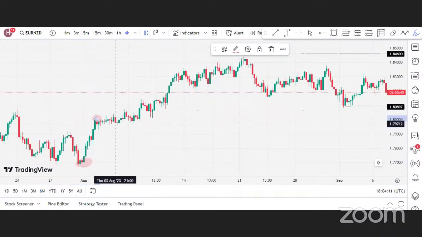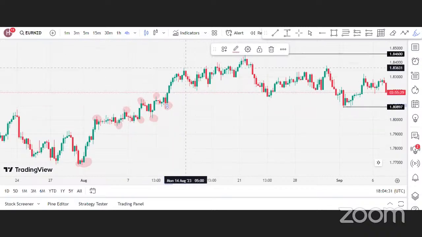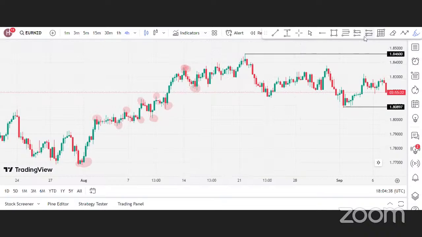We have a low, a high, a low, a high, another low, high, low. You see, it keeps going up. So your highs and your lows are the break of structure. That is how you know that your market is either going up or coming down.